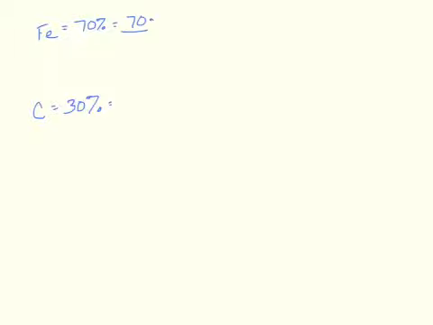The molar mass is going to be 56 grams per mole for iron, and 30 grams of carbon divided by 12 grams per mole as the molar mass. And let's go ahead and get our moles, which we end up with 1.25 moles of iron, and we end up with 2.5 moles of carbon.